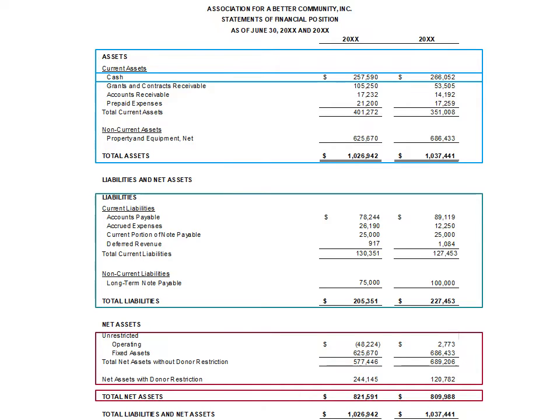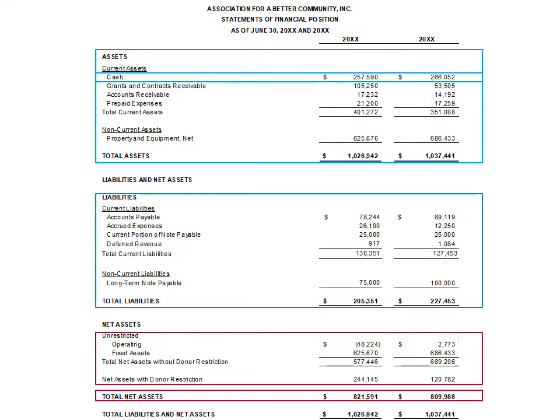Let's start with net assets with donor restrictions. Restricted net assets result from revenue which donors have limited relative to use. Only donors can restrict revenue by placing some criteria around it. For example, if we have a grant from a foundation for a particular program, that money is restricted until we spend it on the program that the grant is funding.